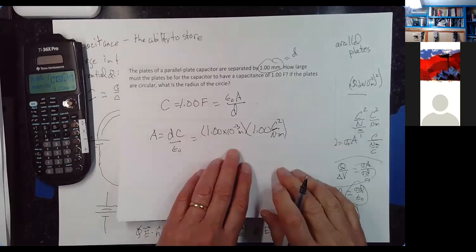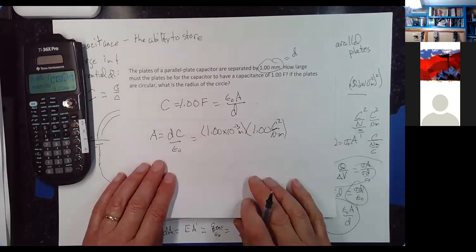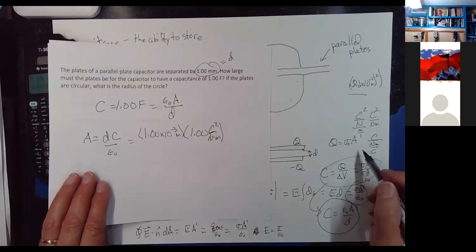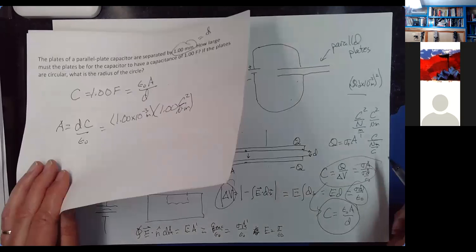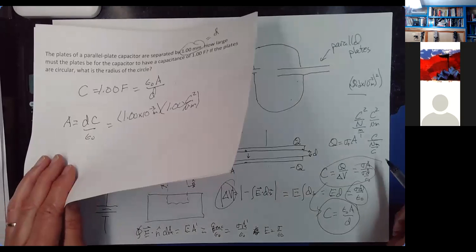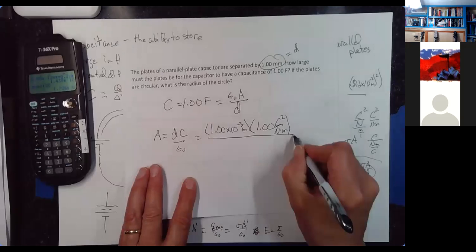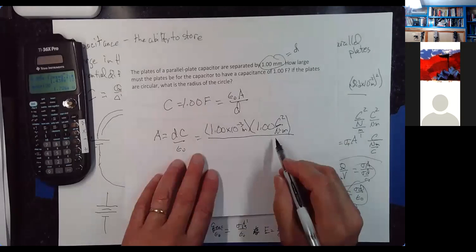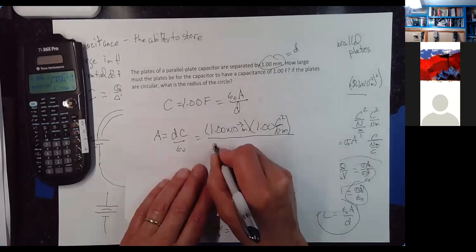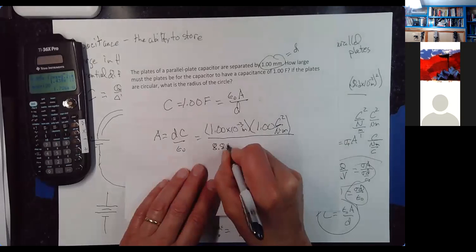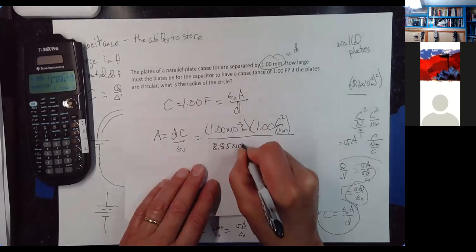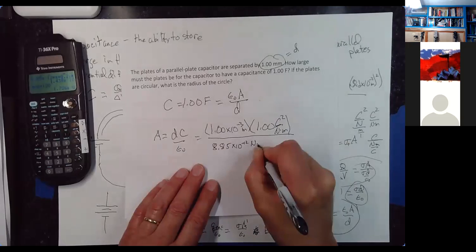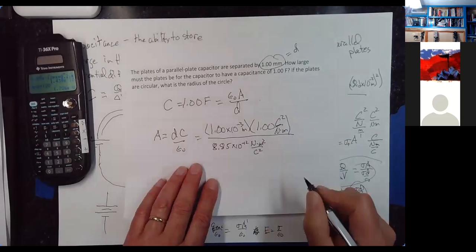That's one of the possible combinations of units that'll give you the capacitance of something. Divided by, unless I made a mistake, epsilon naught, 8.85 times 10 to the minus 12th Newton meter squared per Coulomb squared.